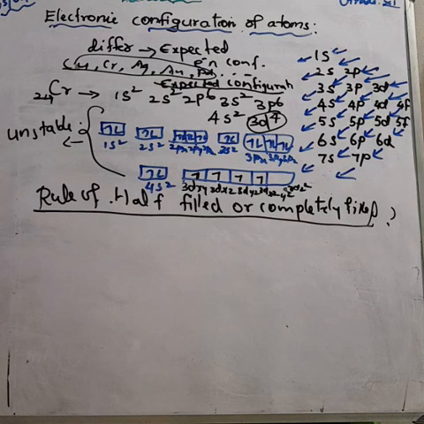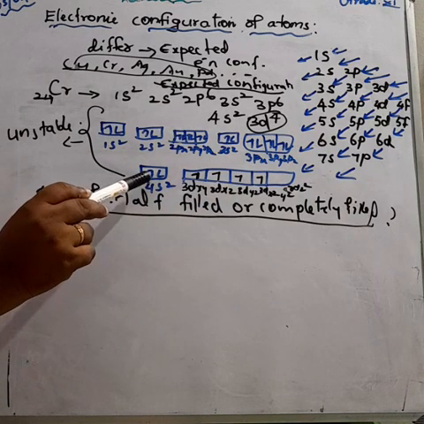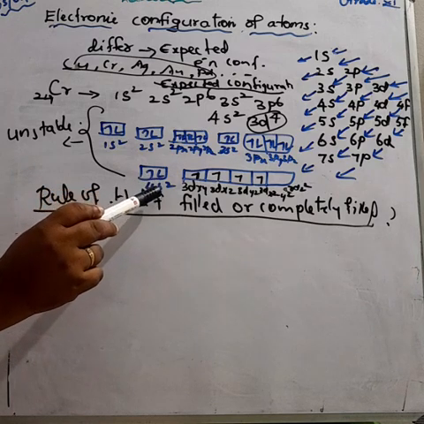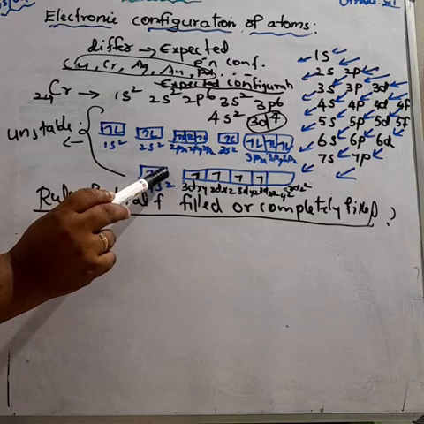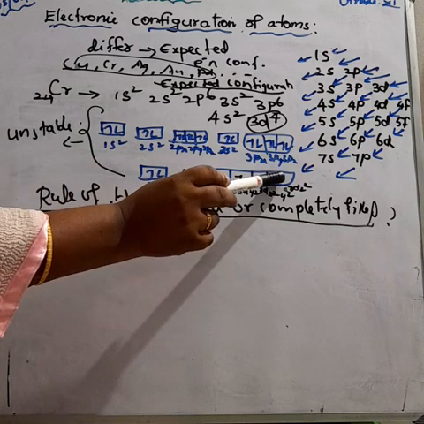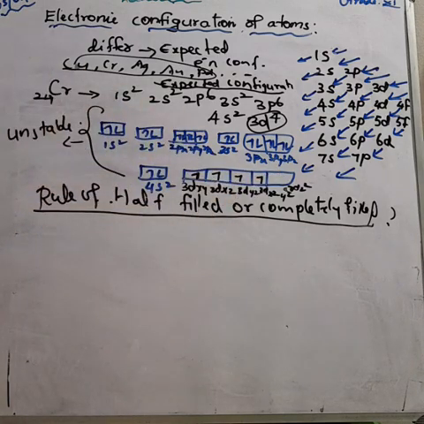Right now it is not stable. So the d orbital needs 1 electron to get the half-filled configuration.